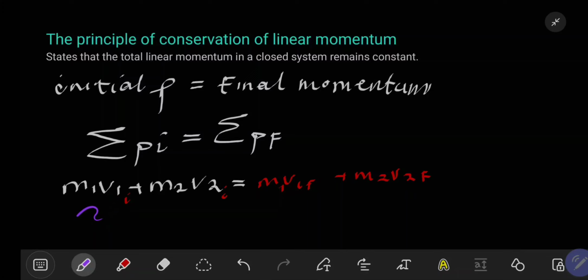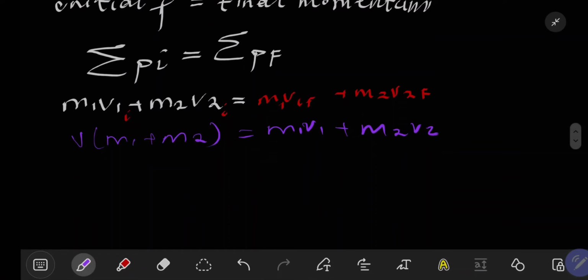We can say this is v times (mass 1 plus mass 2), and then later the two objects that were in contact separate. Then we can have something like this. Sometimes we have the opposite of this formula.